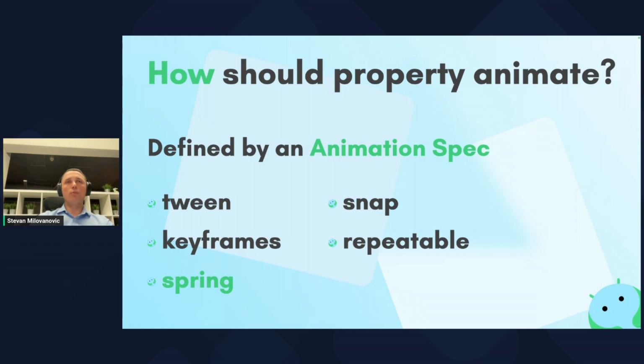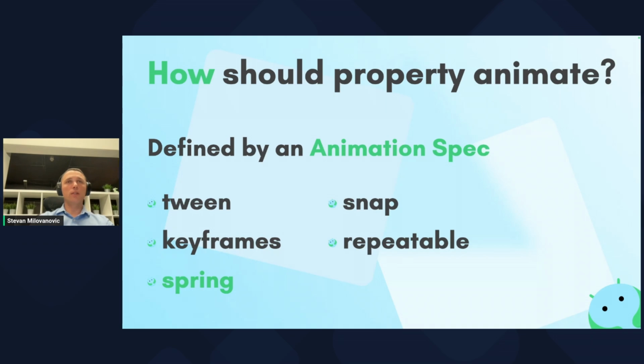But what's important to mention is that this is a duration-based animation spec. The next one is snap. That one is pretty straightforward. It immediately switches the value to the target value. It's also a duration-based animation spec, but duration there is 0 since it immediately changes the value.